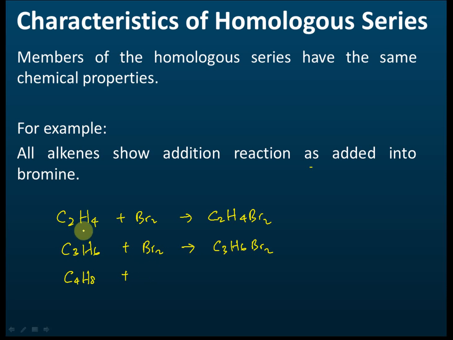So if this can react with bromine, and this can also react with bromine, then this must also be able to react with bromine, and it will become C4H8Br2, and so on. C5H10, C6H12, all can react with bromine. So all the members in the homologous series have the same chemical properties.